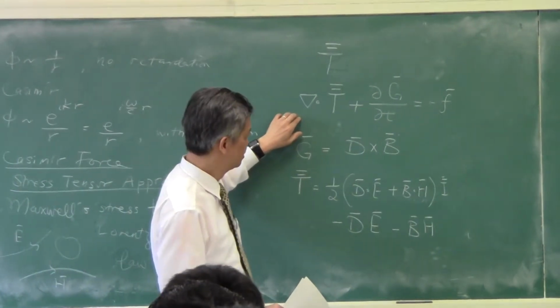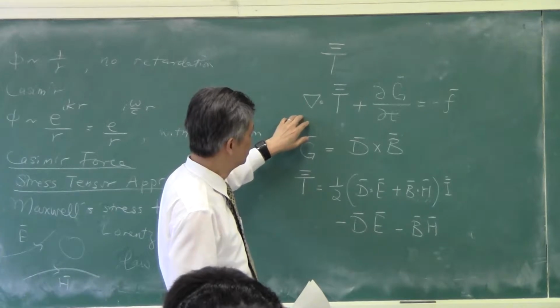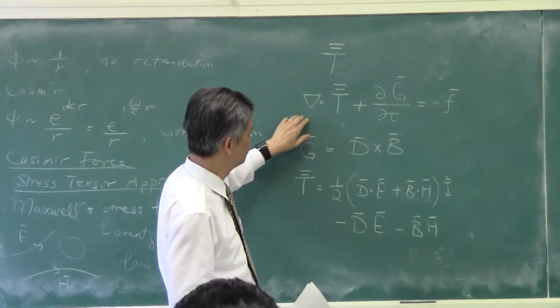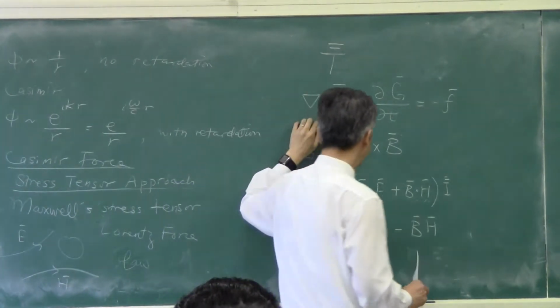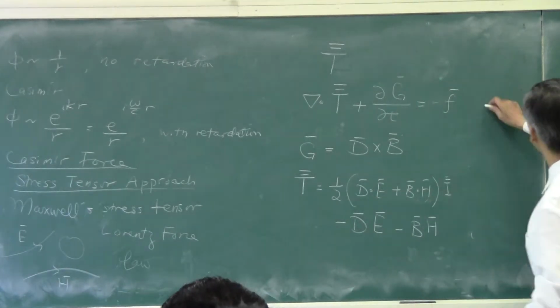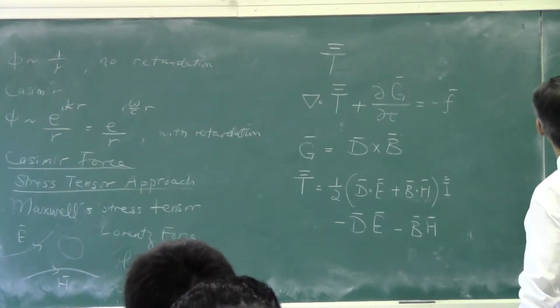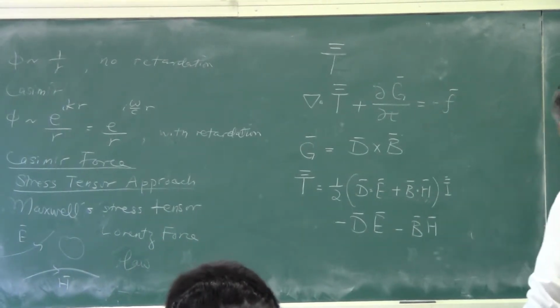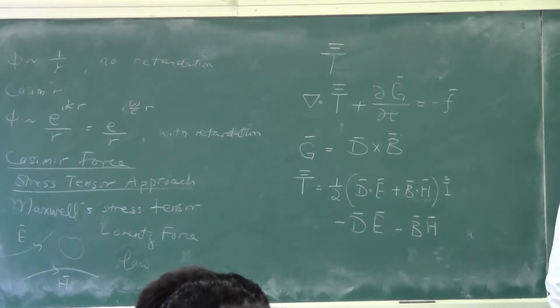So, in order to understand this identity vector, you might want to express this in the integral form. So if you take the volume integration of this, you will have this.